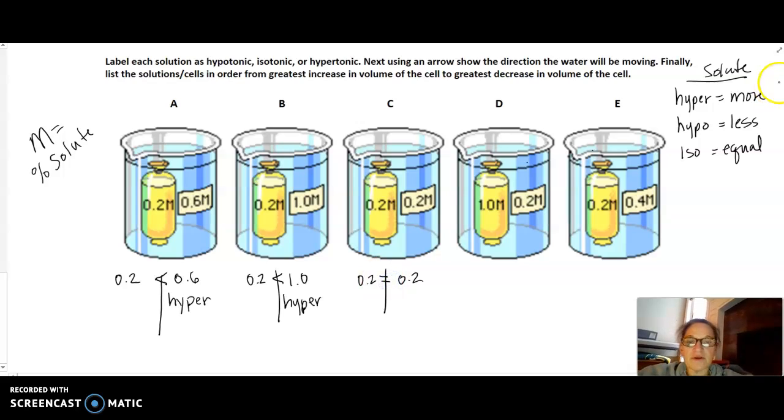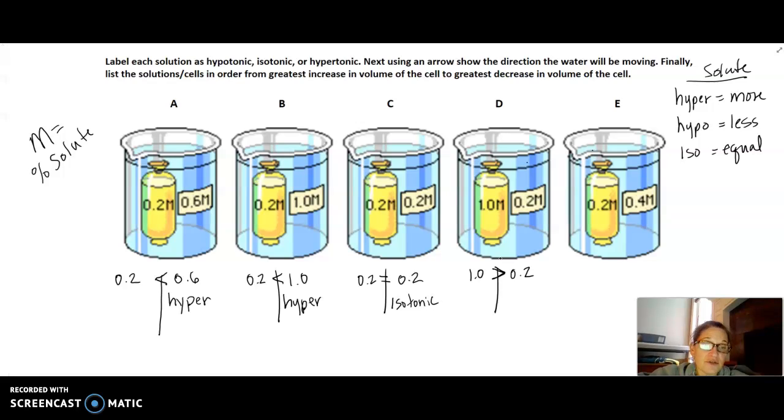If I go to my chart up here, I know equal is isotonic. If I go to D, inside is 1.0, outside is 0.2, and so now the inside is more than the outside, and so the outside solution is what we're referencing is less, so it would be hypotonic.